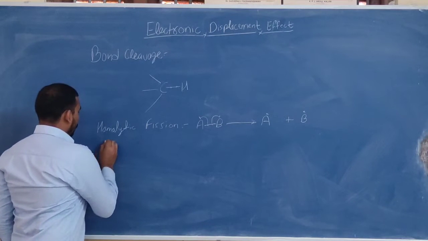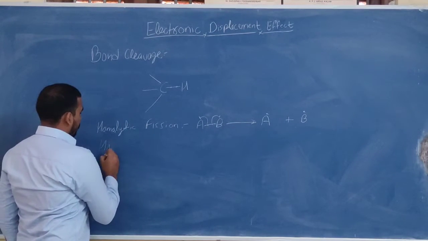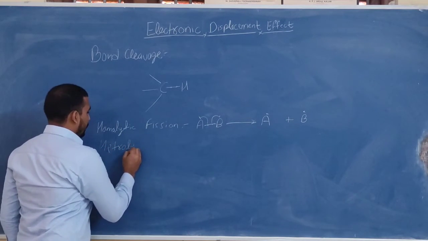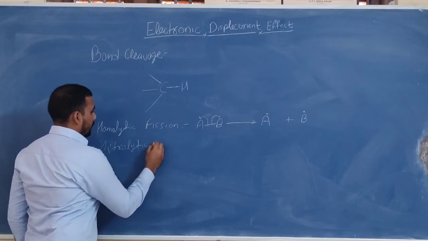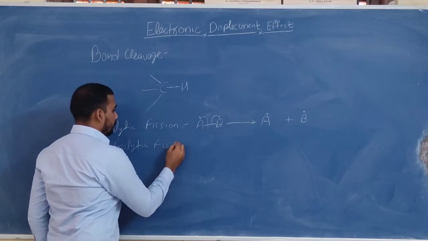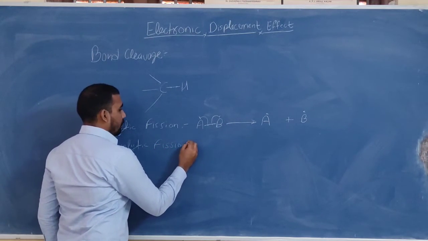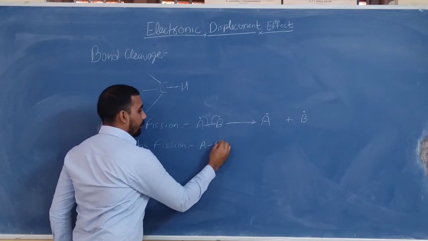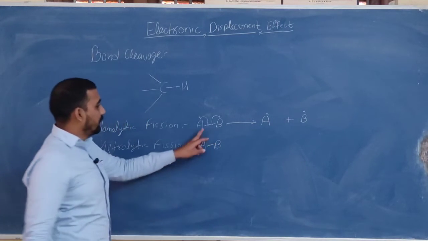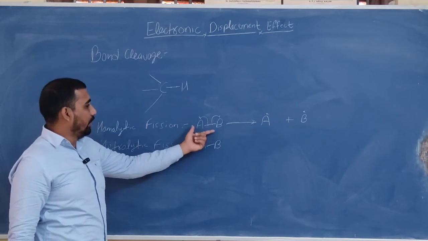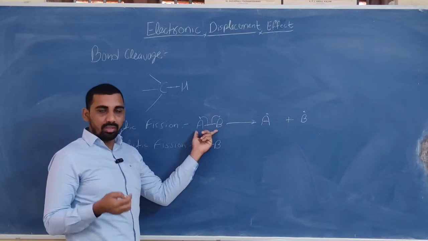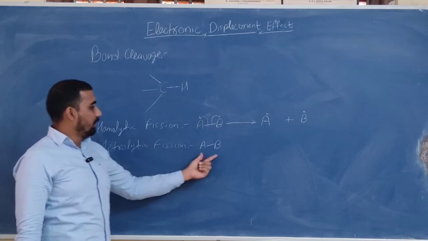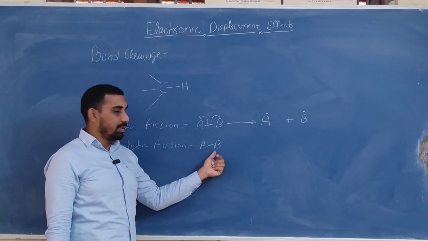Second thing is heterolytic fission. In a heterolytic fission, let's suppose we have a bond between A and B. In the previous case, we had two atoms in which the electronegativity difference was very small. But in a heterolytic fission, the electronegativity difference between A and B is larger.